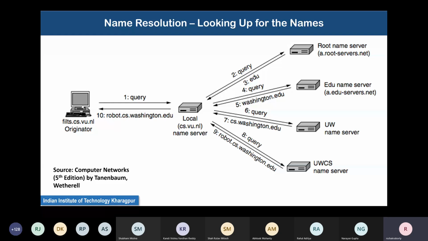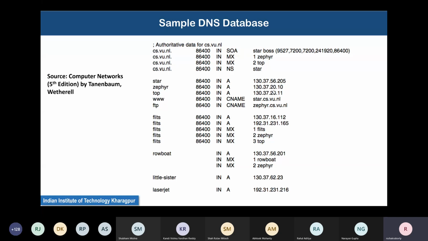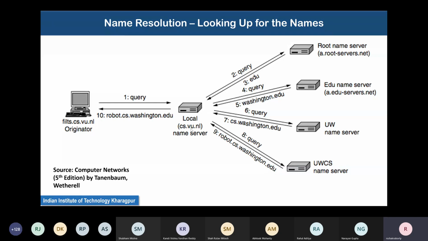TCP, for a transport layer connection between these two computers, maintains state information. State information means when the computer fields.cs.vu.nl wants to start talking with the local name server, probably start.cs.vu.nl, one of the parties initiates a connection.